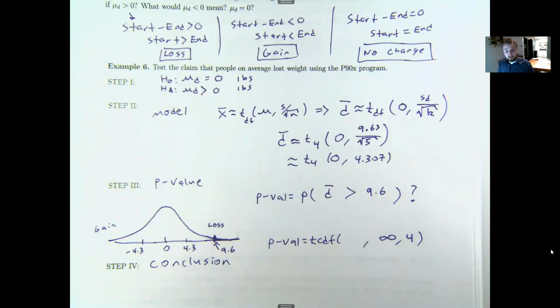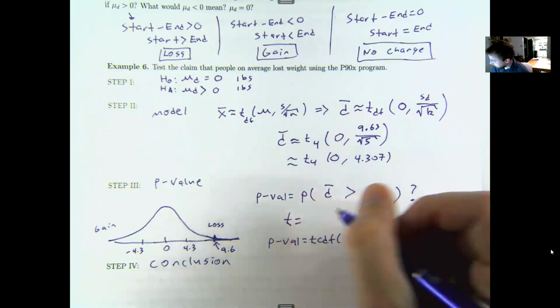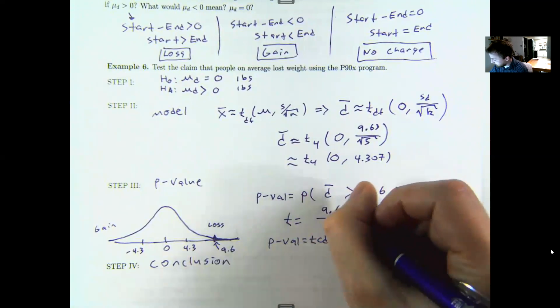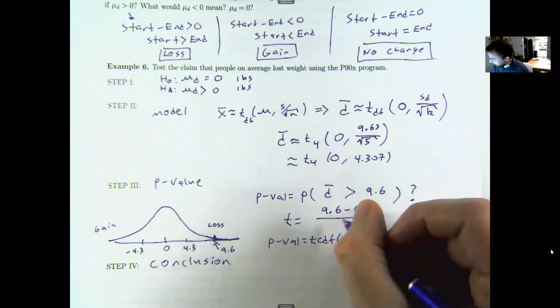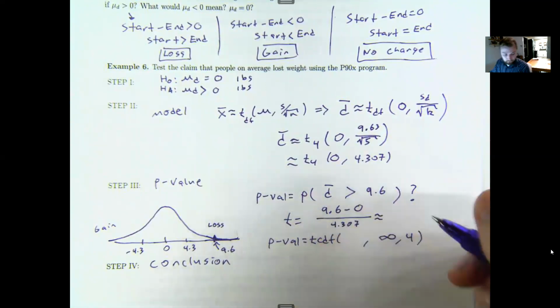I need to find that t-score, or my test statistic. I find t by taking my value, 9.6, minus the center, 0, and I divide this by my standard deviation, 4.307.